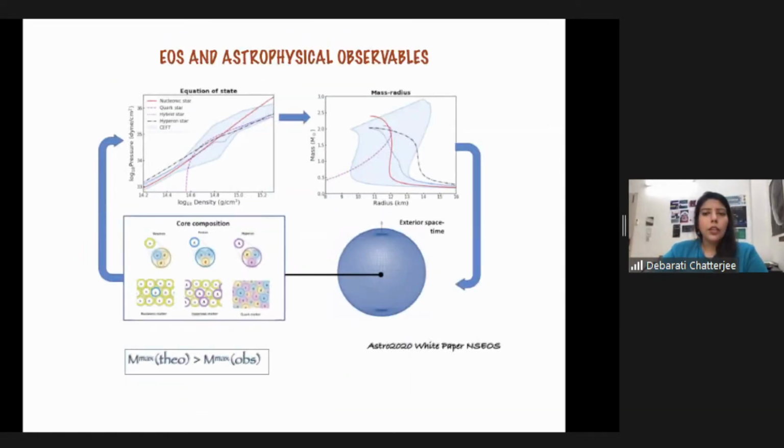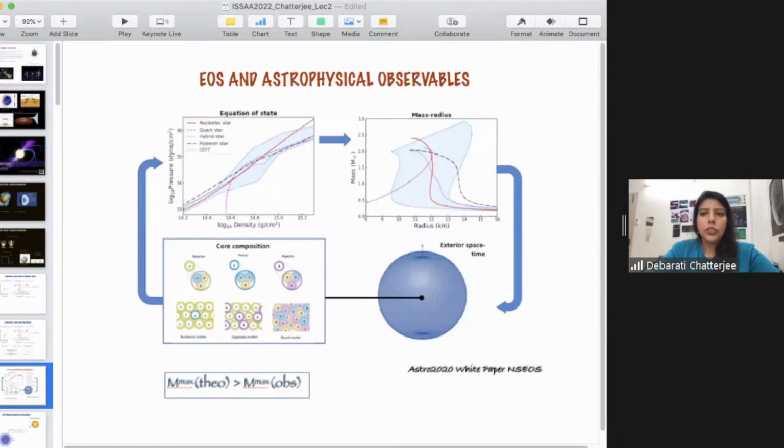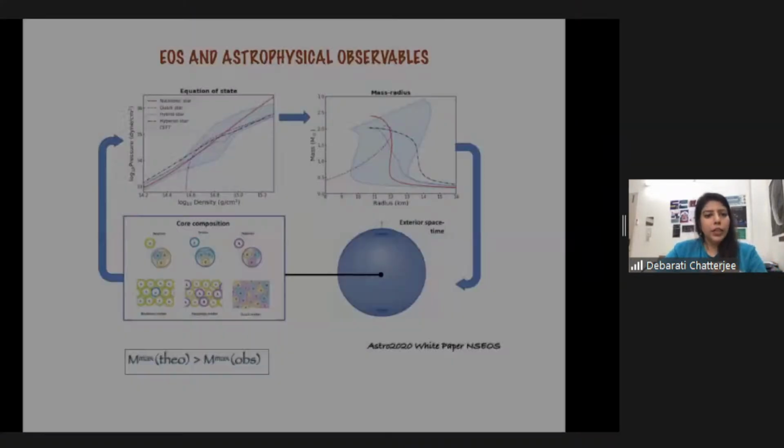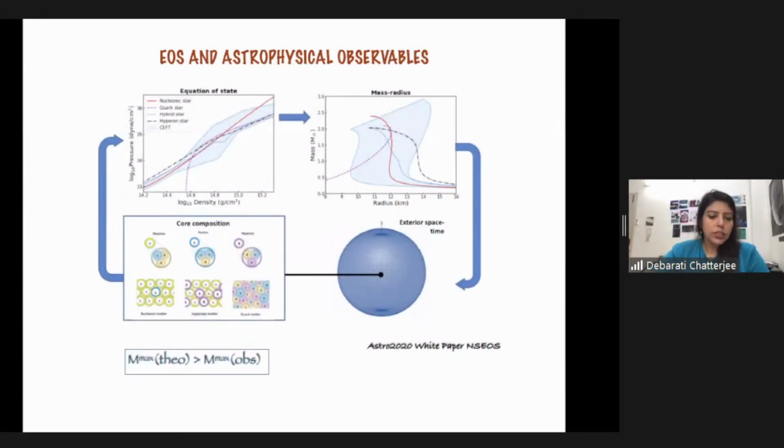Now, like I said, why are we interested in calculating the energy density? This is because from the energy density, one can compute global properties. For example, once you have an equation of state, and the equation of state again depends on the interior composition, all these different colored lines describe different possible interior compositions in a neutron star.